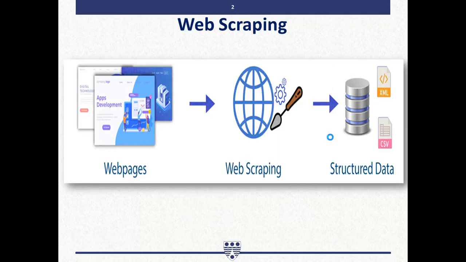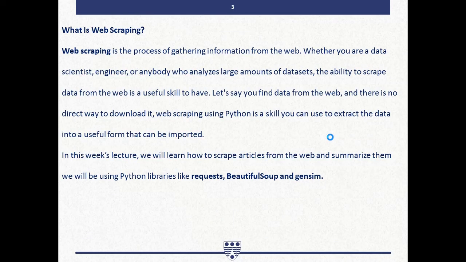So what is web scraping? Well, in simple terms, web scraping is just a process of gathering information, or a process of extracting information from the web. So let's take, for instance, you want to buy a new iPhone, right? And you want to compare the prices for the iPhone from different websites.